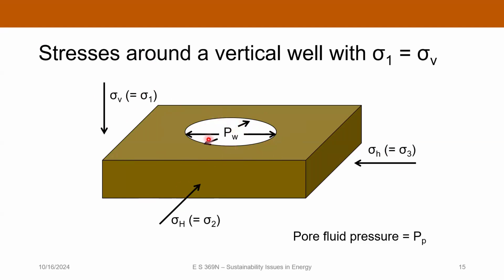The pressure inside the wellbore is PW, and that pressure is due to the weight of the drilling fluid, so that's our hydrostatic pressure within the borehole. There's also going to be some pore pressure inside the formation, which we'll call PP.